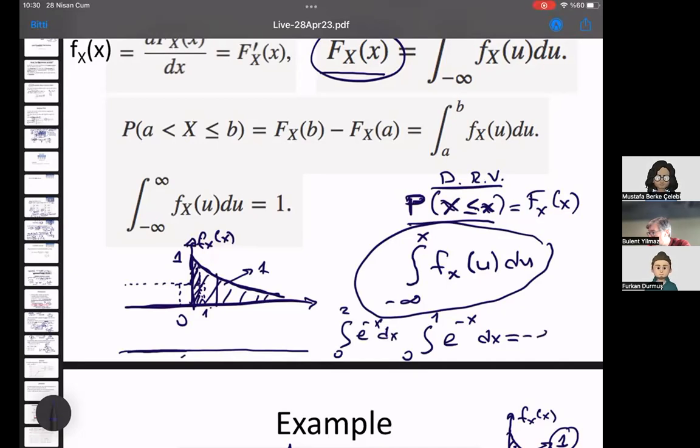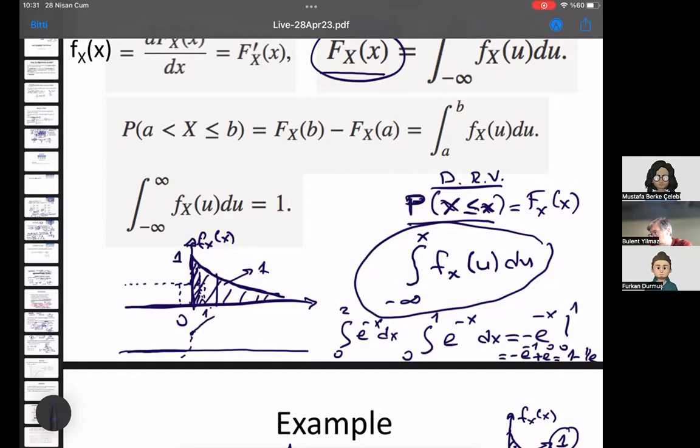So it will start with this one. Let's do it. Minus e to the power minus x from 0 to 1. If I put 1 here, minus e to the power minus 1, minus minus plus e to the power 0. So it will be 1 minus 1 over e. Okay? It will start here, 1 minus 1 over e.